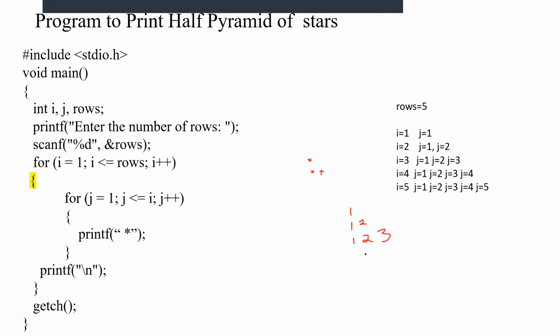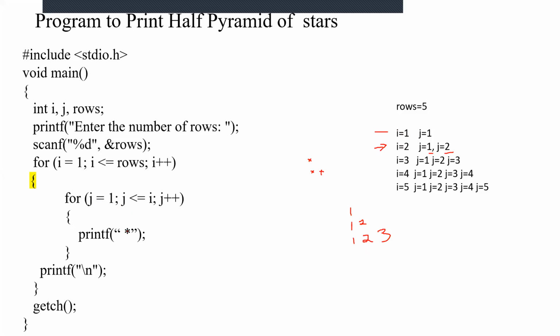So here, instead of this star, what we have to give in order to print a number: you know that inside the inner for loop, the j value, for each value of i. Here I have written, in the first iteration, when i equals 1, j equals 1, right? In the second iteration, when i is 2, j will be 1 and 2. Got it?